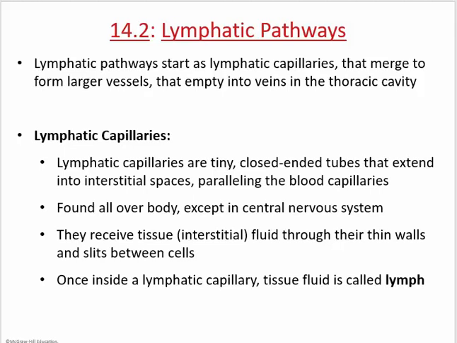The interstitial fluid comes from the blood plasma, but it doesn't have any of the plasma proteins. When it enters the lymphatic capillaries, it's called lymph. But really the only difference is the location. The difference between interstitial fluid and lymph is just where we find it.